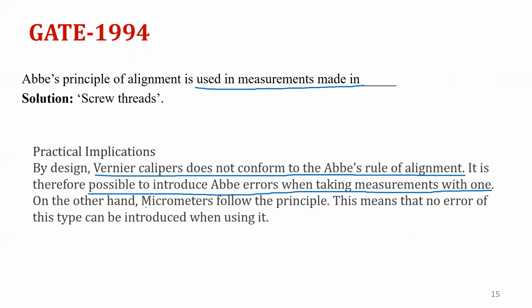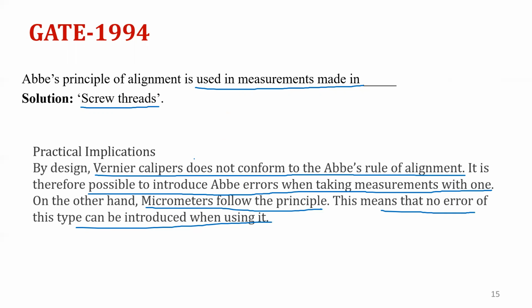On the other hand, micrometers follow the principle. Micrometers follow Abbe's principle, so that means no error of this type can be introduced when using micrometers. In the micrometer screw threads, we use Abbe's principle of alignment, so there is no Abbe's error in the screw thread micrometers.